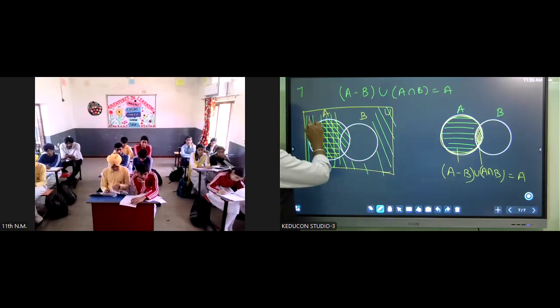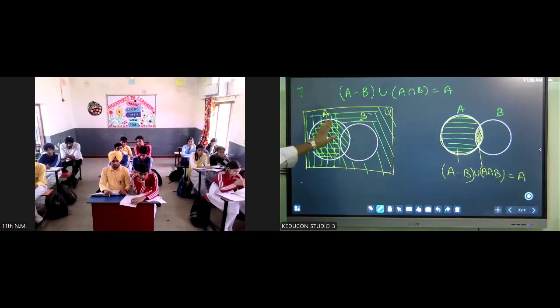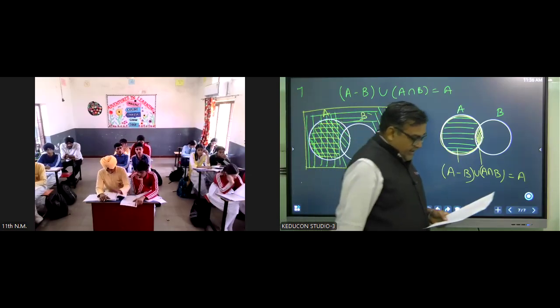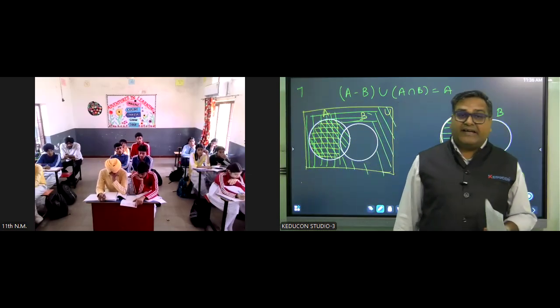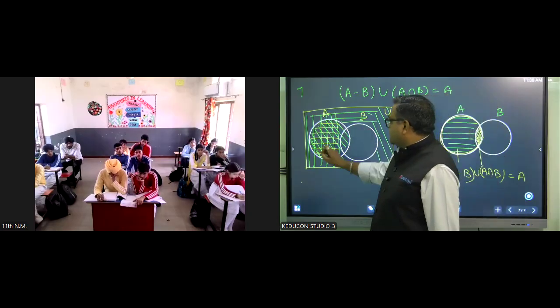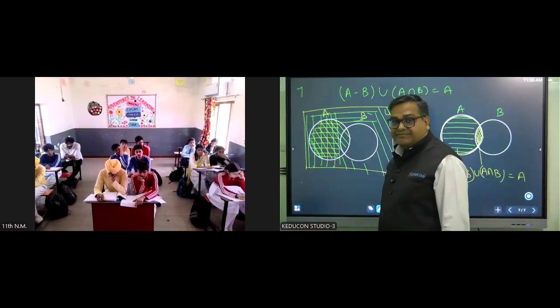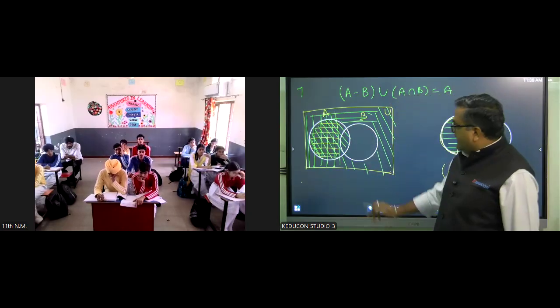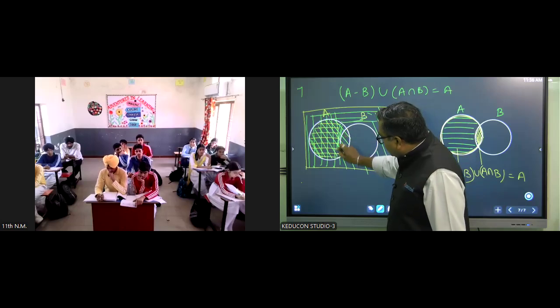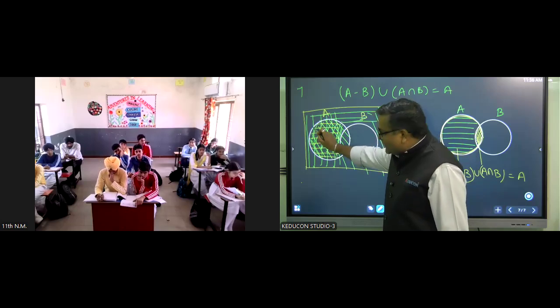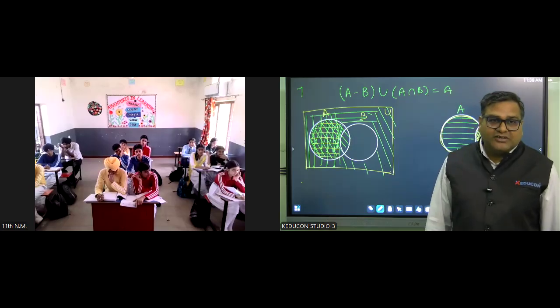Can you see this? This entire thing is B dash. Now he says A intersection B dash. Everything is coming in this or not? Yes or no? आपके पास ये वाला पार्ट आ गया ना बेटा. देखो जहां पे दोनों चीजें क्रॉस कर रही है. So this is also true. Is this true or not?